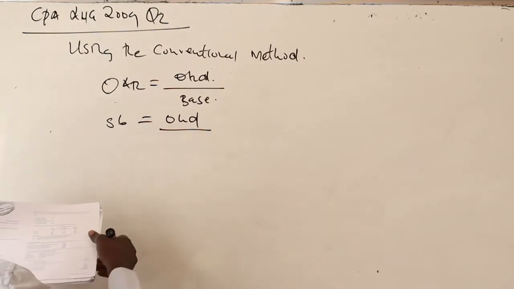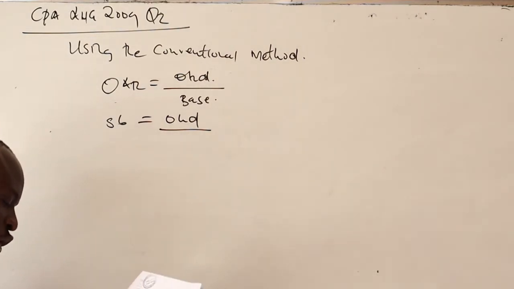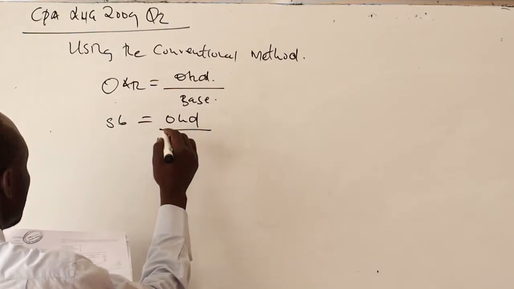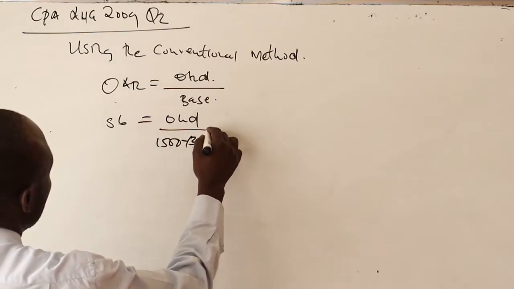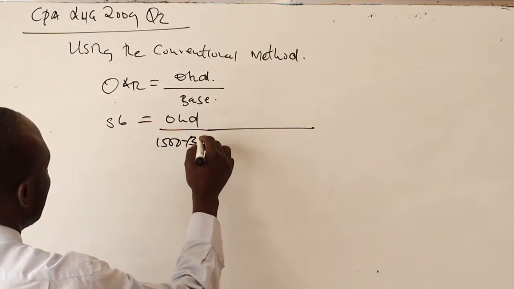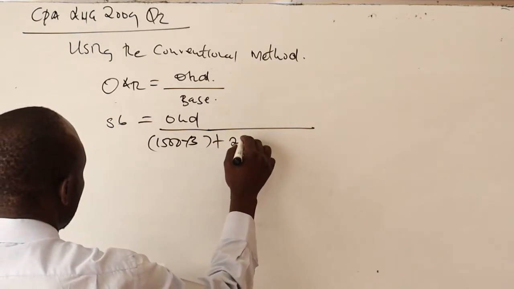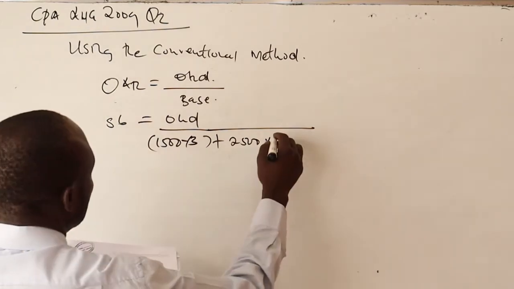For product A, the total volume of units being produced is 1500, and each unit requires 3 machine hours to be produced. So we multiply by 3 here, plus we are producing 2,500 units of B, and each unit requires 2.